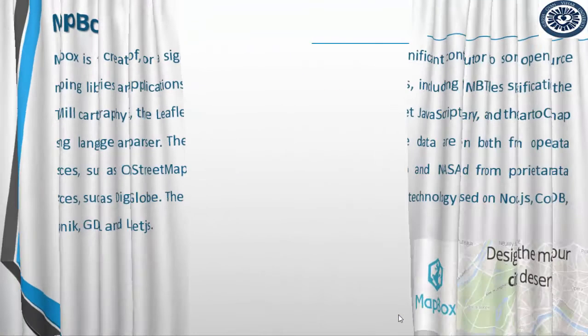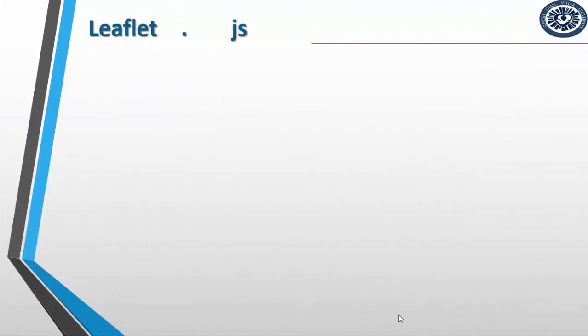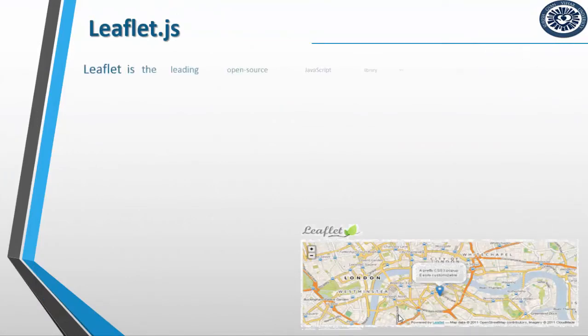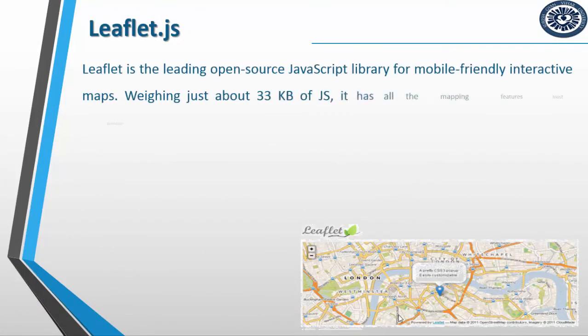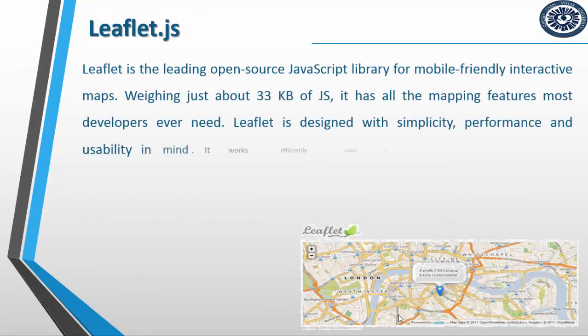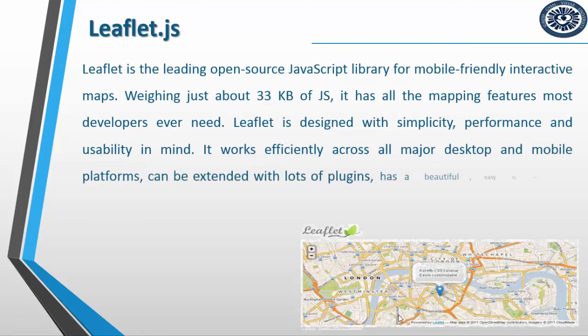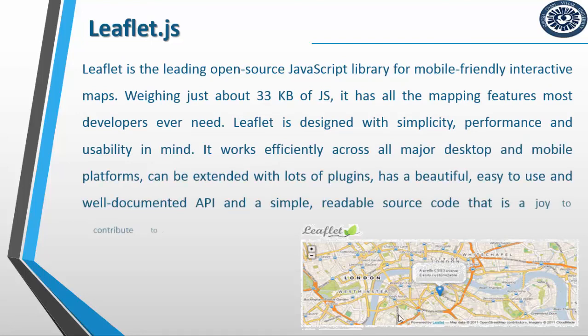Leaflet.js. Leaflet is the leading open-source JavaScript library for mobile-friendly interactive maps. Weighing just about 33 kilobytes of JS, it has all the mapping features most developers ever need. Leaflet is designed with simplicity, performance, and usability in mind.